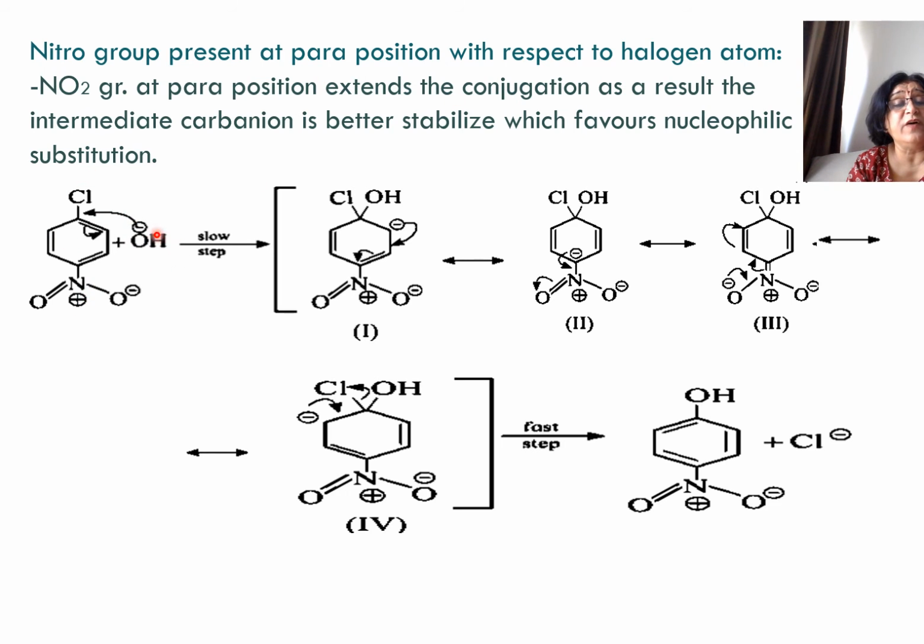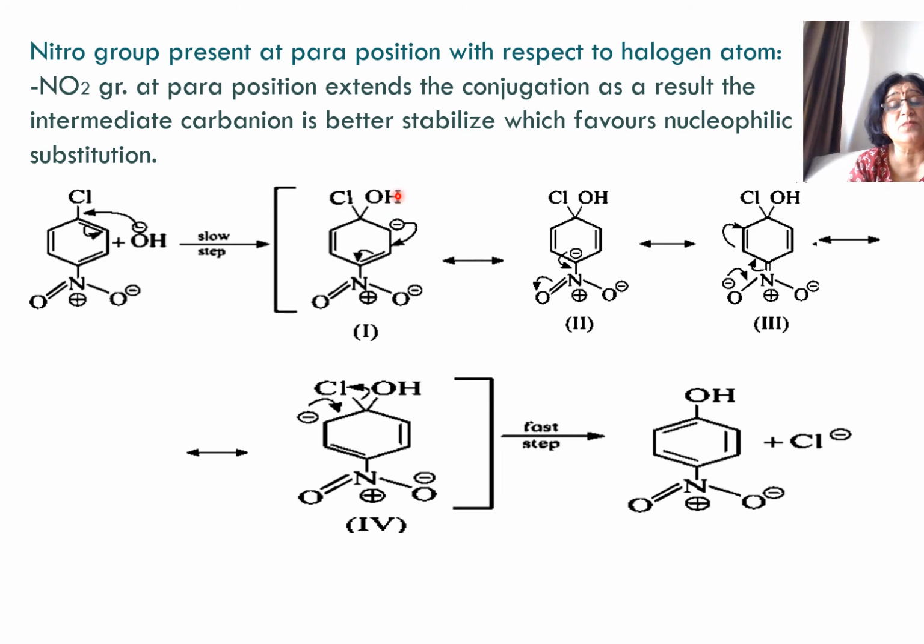Here when the OH nucleophile attacks, partial bonds are formed and a negative charge is created on the ortho position, then on the para position, and then on the second ortho position. Because of the presence of this nitro group, the pi electrons move along the ring.